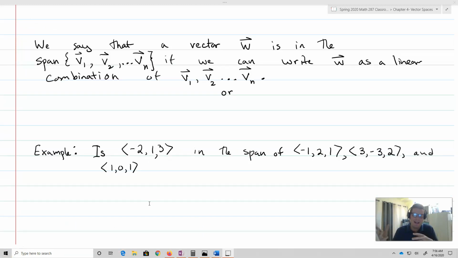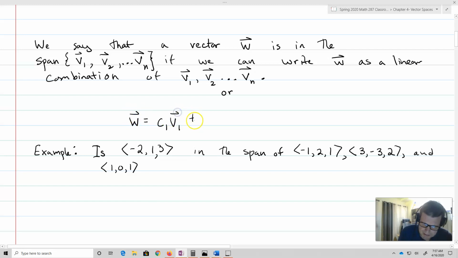Then we have this other idea, which is that we say that a vector W is in the span of V1 through Vn if we can write W as a linear combination of V1, V2, and Vn. Or what we'd say is we can write W equal to C1 V1 plus C2 V2 plus C3 V3 plus ... plus some CnVn.